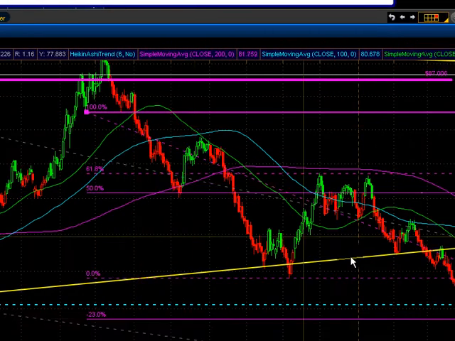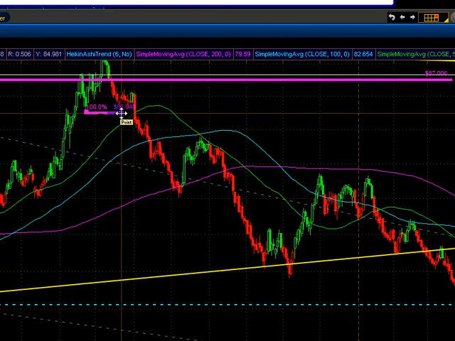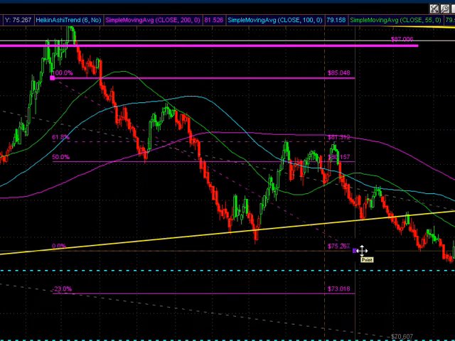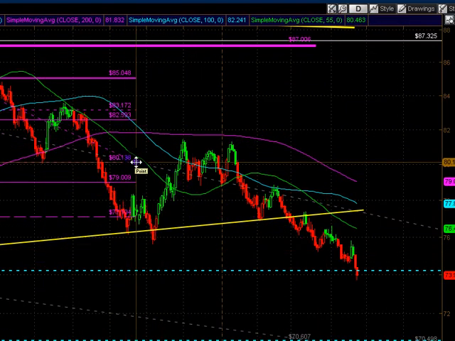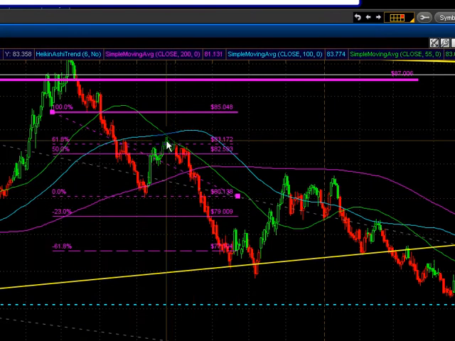Okay, so the first extension level that held was from your June 2009 low to the new low extension level. This extension traded once before, in August of 2010.